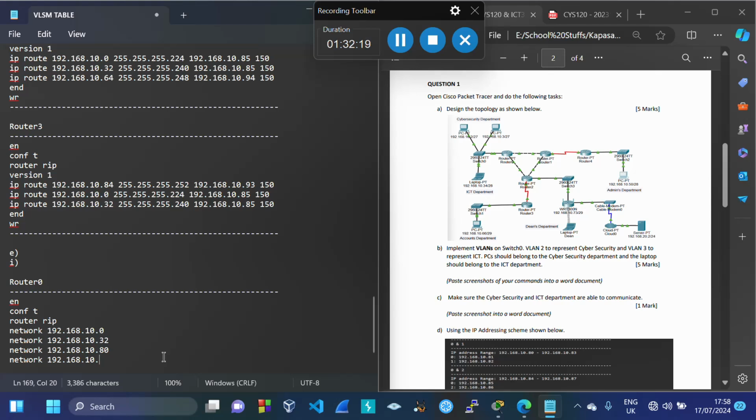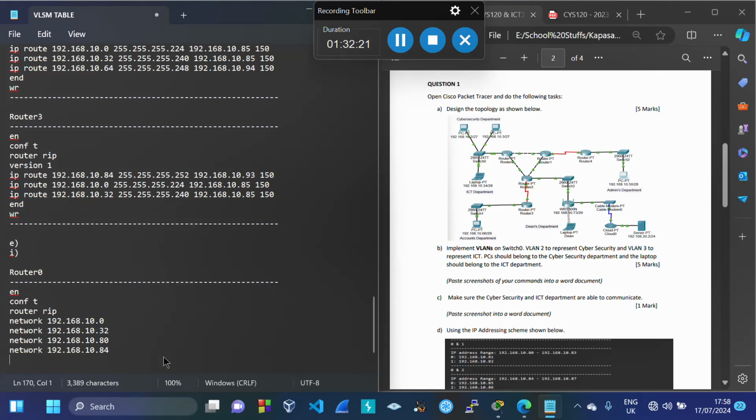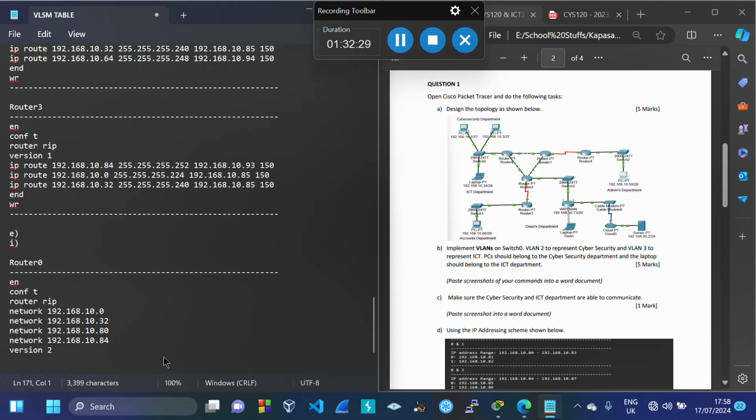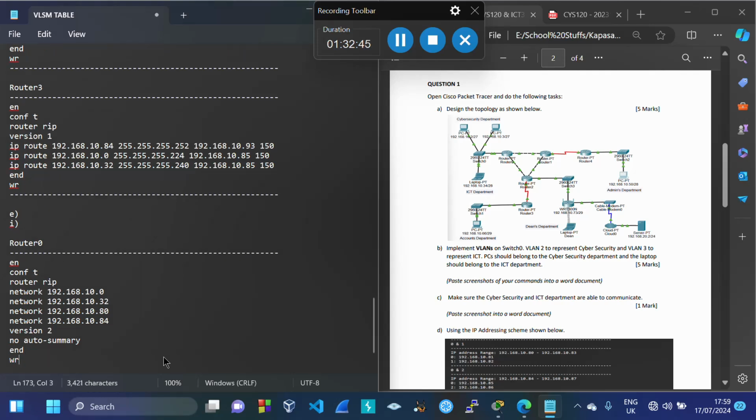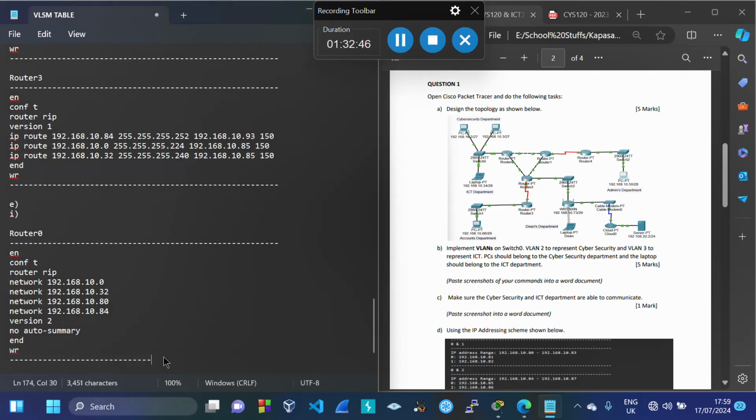Since I've broadcast the networks which router 0 knows, we say version 2 because we are talking about dynamic RIP version 2. Then we say no auto-summary. So this is a negative command. Now we can end, then save our configurations by saying WR.